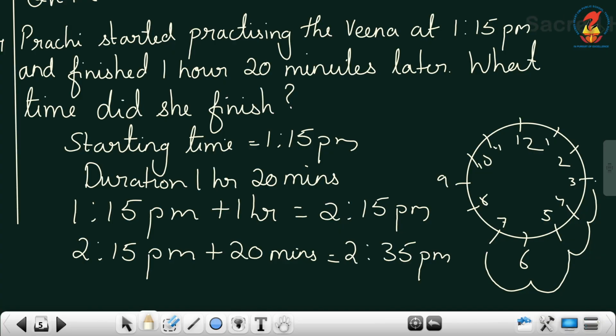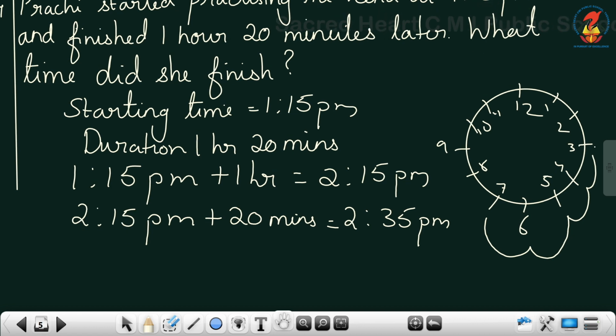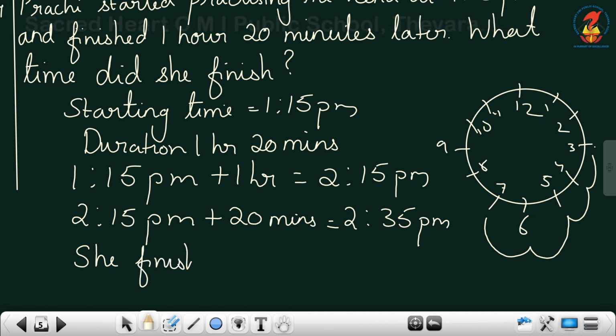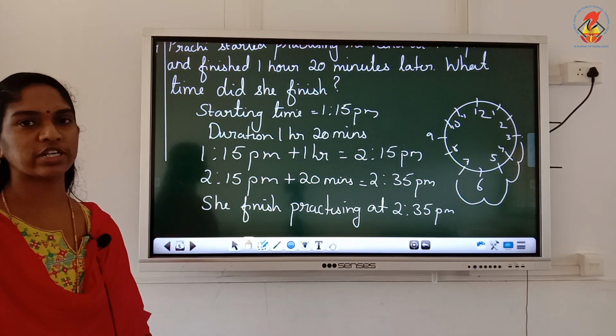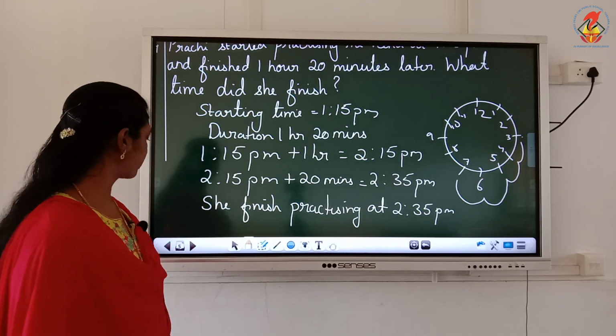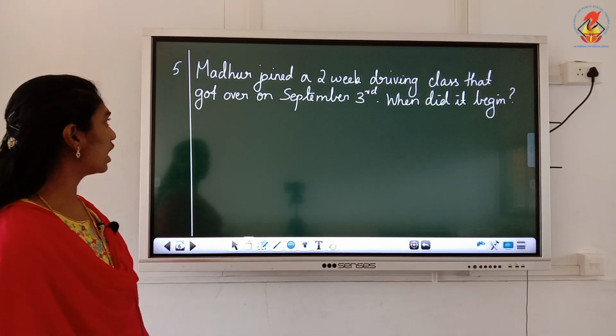So 2:35 p.m. So you can write, she finished practicing at 2:35 p.m. Understood?